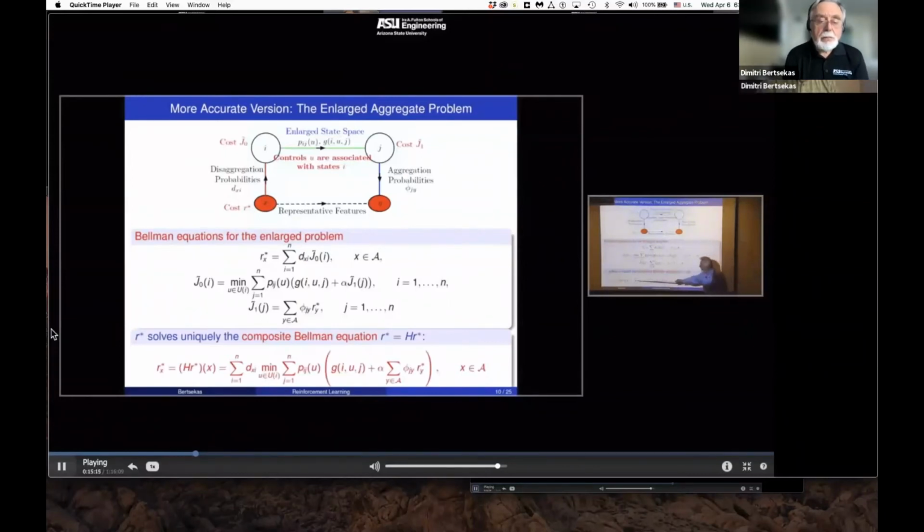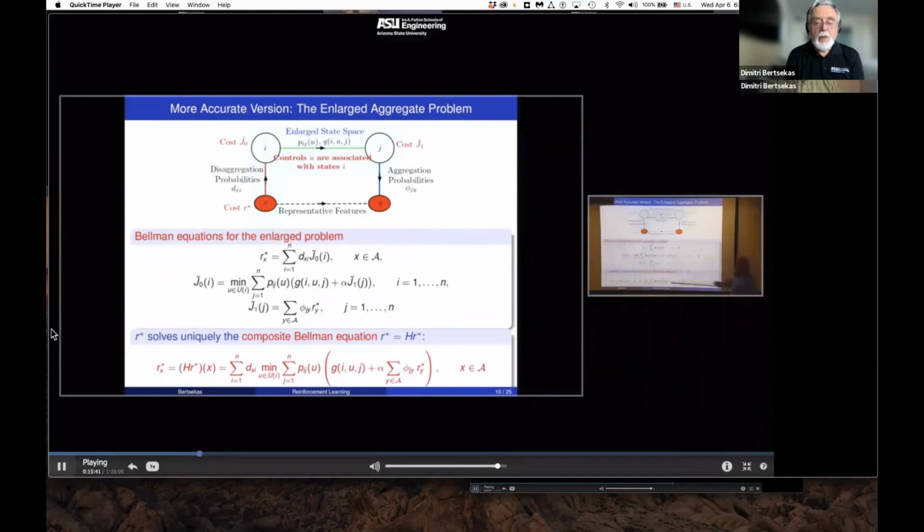And I end up with this equation. You see what I've done? Taking this, putting it in here, taking this whole thing and putting it in here, I've obtained an equation that has R star on both sides, and the J tilde 0 and J tilde 1 have been eliminated.